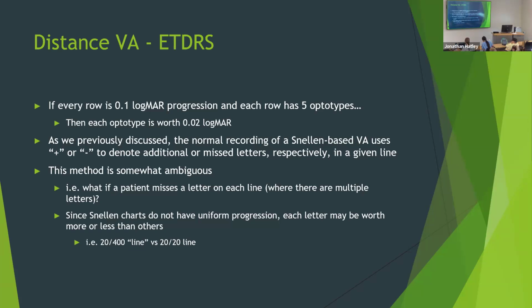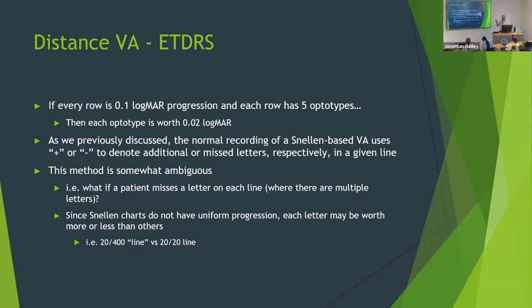What we previously talked about with Snellen was that patient we saw before that sort of hopscotched their way down the chart, and we all had disagreements on what kind of acuity we would record, right? Remember that just a few minutes ago? Because of the logarithmic progression of the letters down the chart, we can state that each letter is worth the same amount.